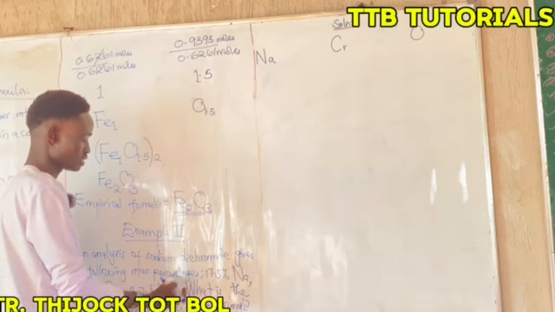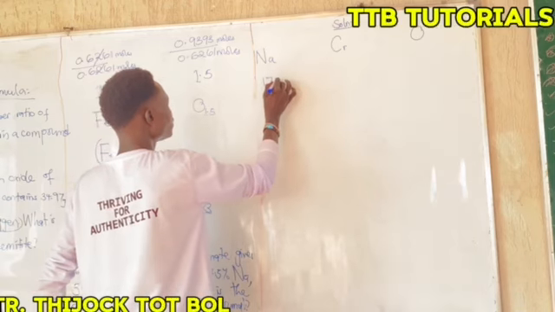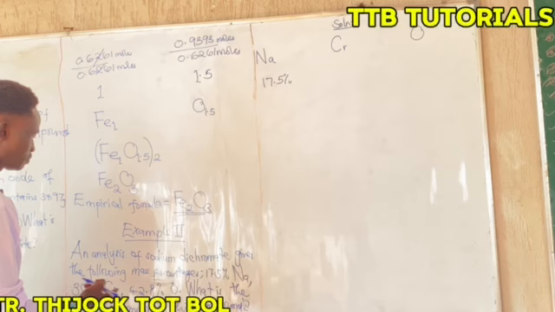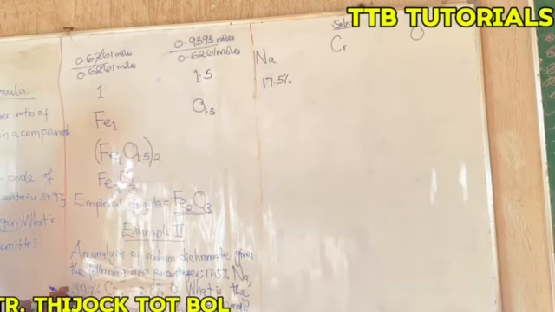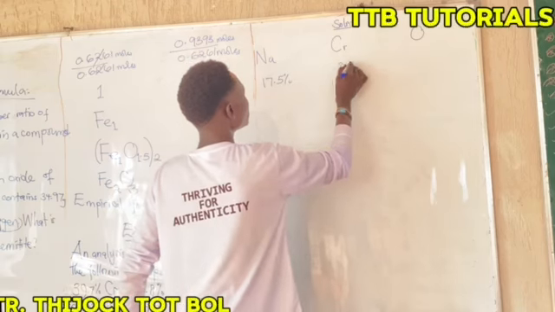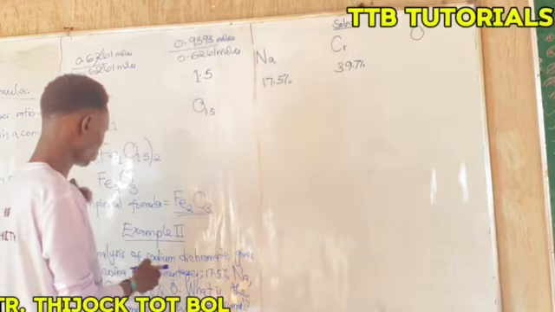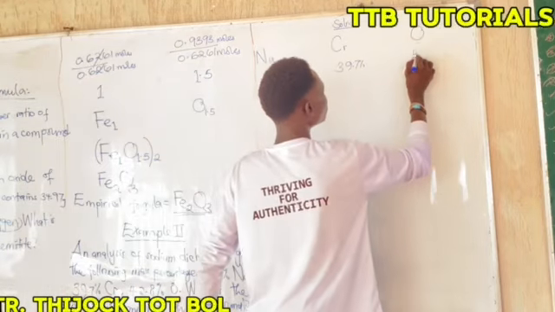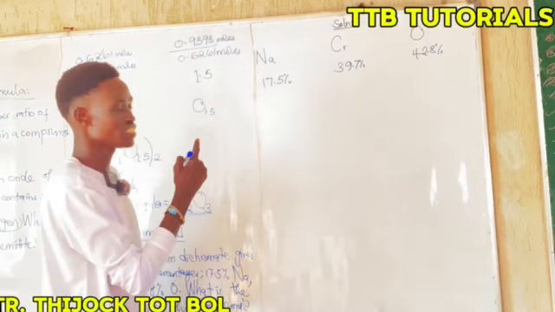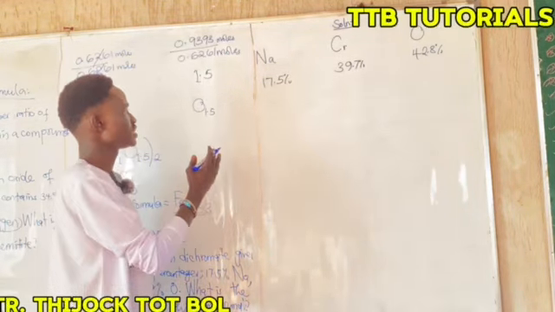So from here we have sodium, which is composed of 17.5%. Then we have also chromium, which is 39.7%. Then also we have oxygen, which is 42.8%.